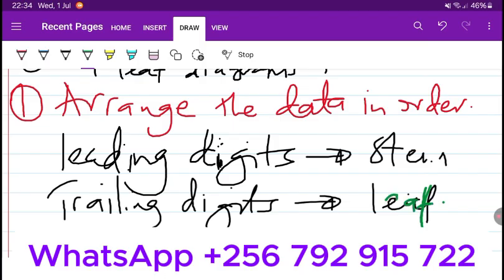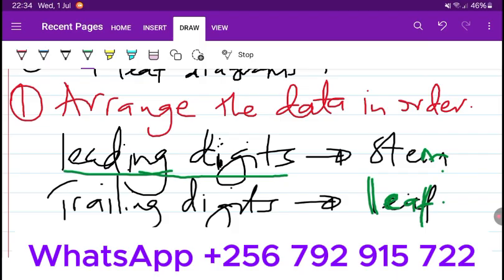Represent the leaf, or the leaves, of that given data set. So we've said that the leading digits represent the stem, or the stems, because this can be many digits.